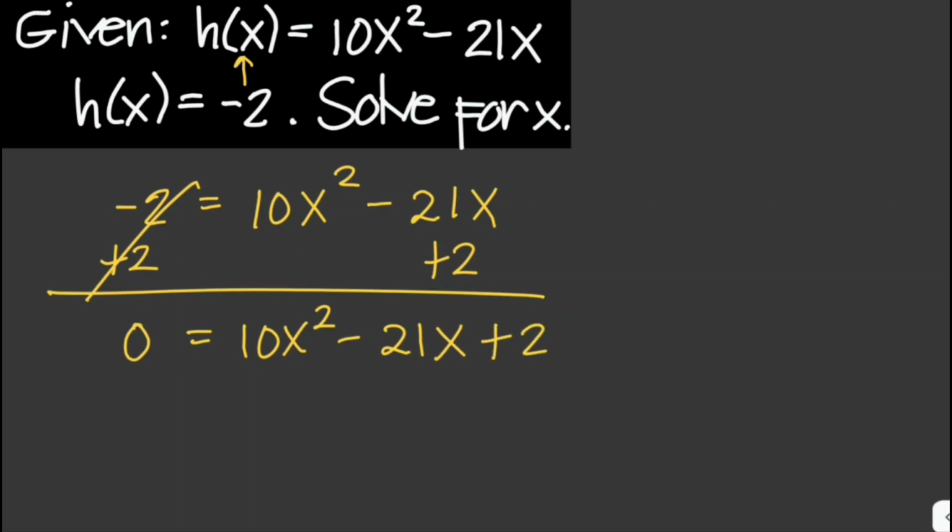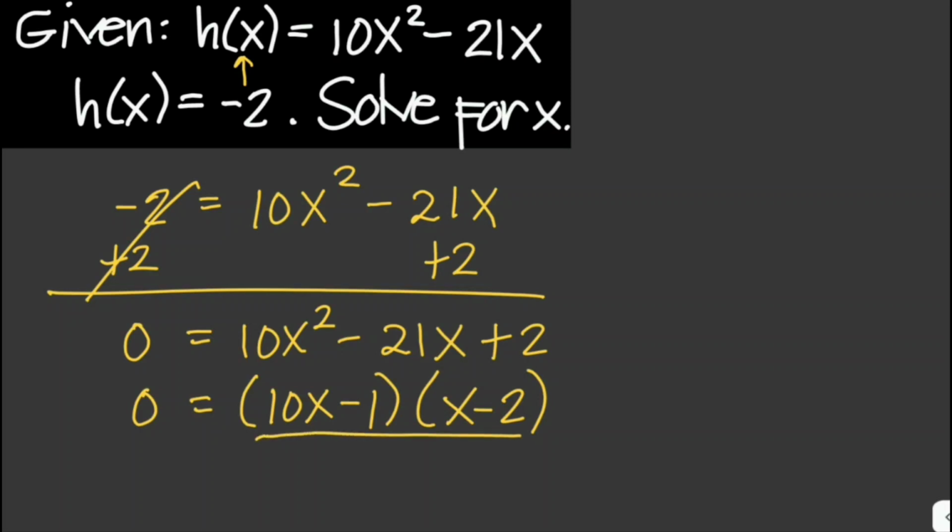So we have here a quadratic equation, and we can just factor this. To factor this, we can use the AC method. So this is just 10x minus 1 times x minus 2. So you can always check this one.